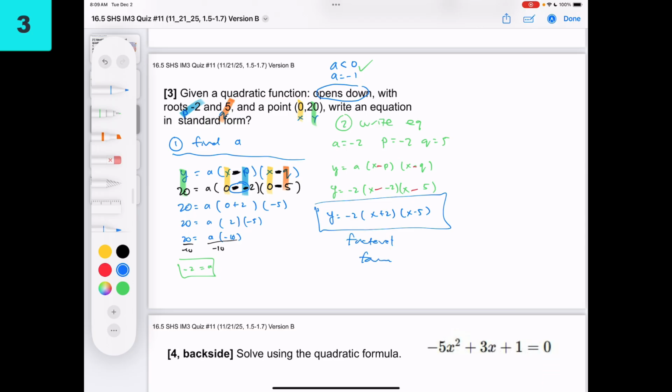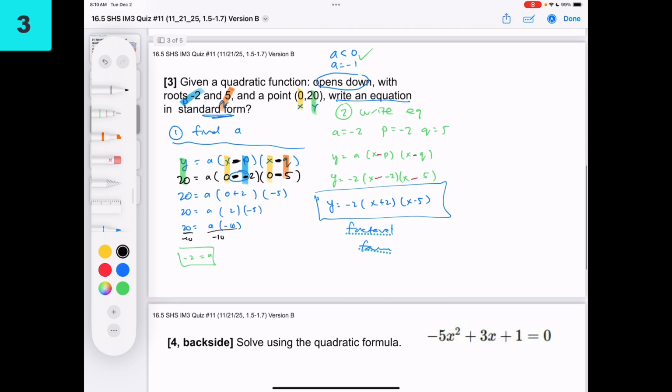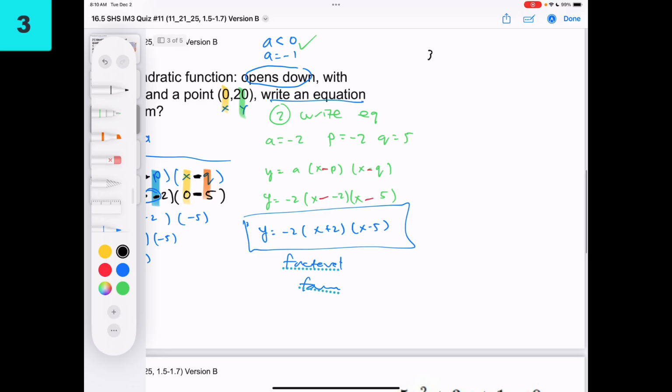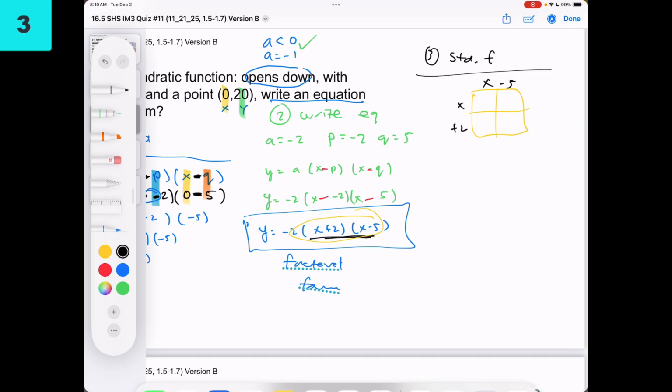but in your project support, we have to get standard form. So let's get standard form now. I'm going to multiply these two. So let's multiply those. X plus 2, X minus 5. We're just multiplying.